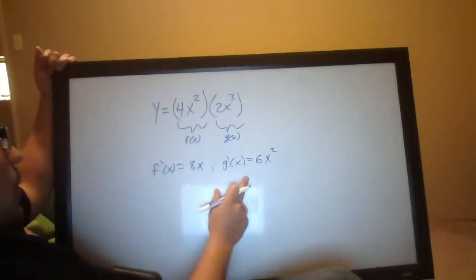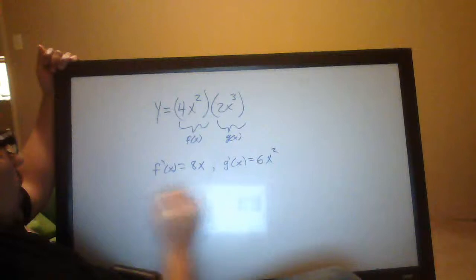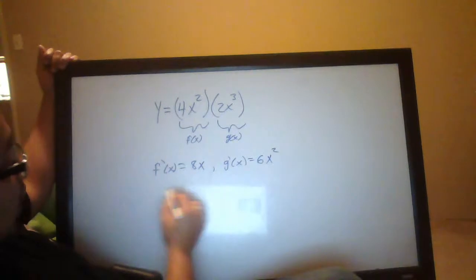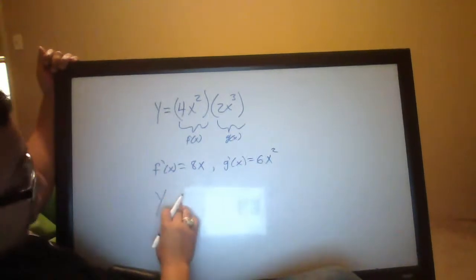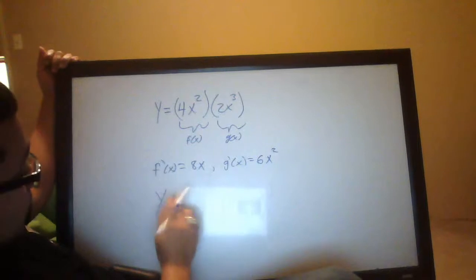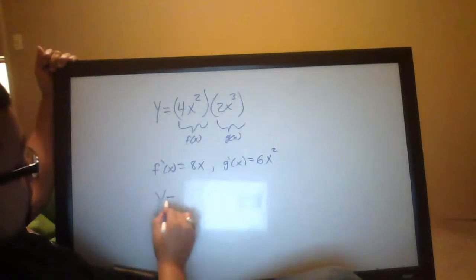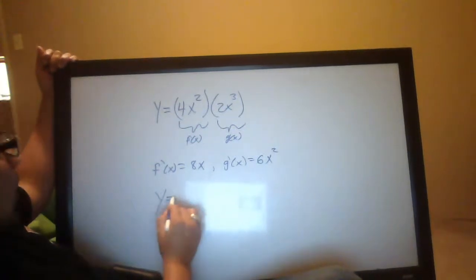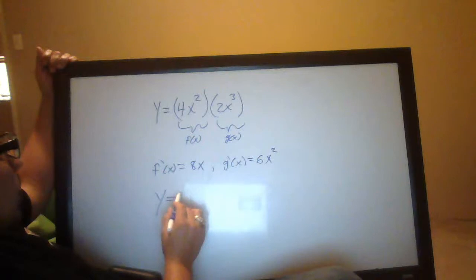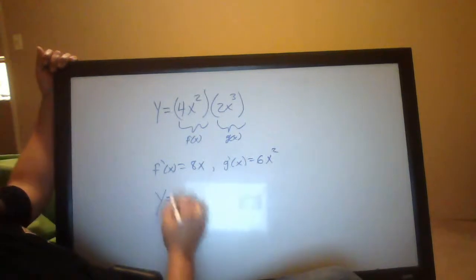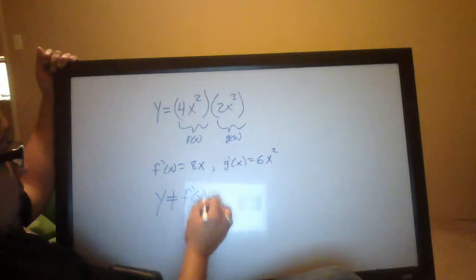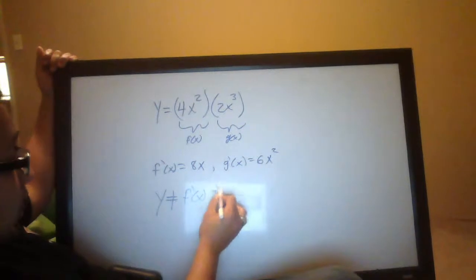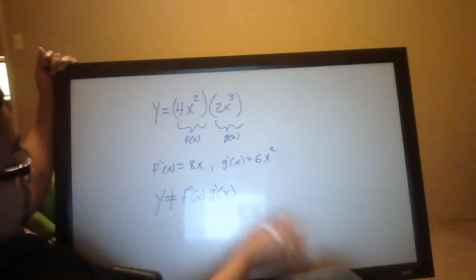Okay? So I'm actually going to prove to you why we have a certain rule for the product rule. So why y prime is not equal to f prime of x times g prime of x. So why am I saying this?